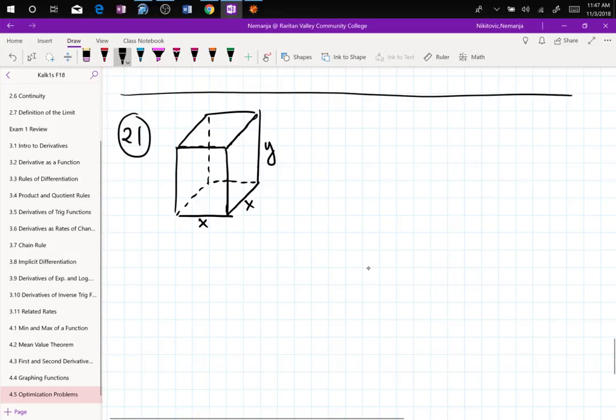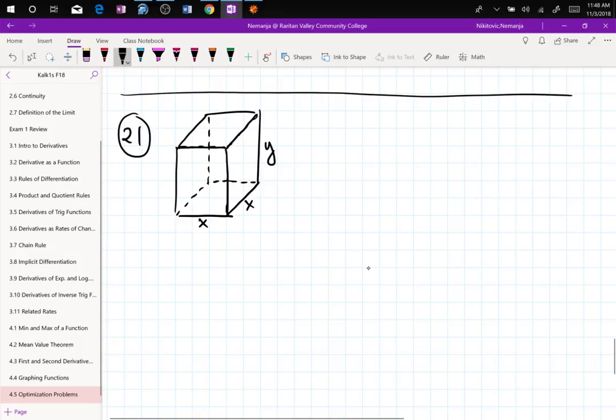When you go to Calc 3, you learn Lagrange multipliers. This problem becomes x, y, z, right? And my students actually had this on the test yesterday in this classroom. For Calc 3, they had a problem like this, except it's x, y, z. Now, to make this problem possible in Calc 1, we impose the restraint that the base is a square, and that eliminates one variable, because square base is immediately x and x, right?